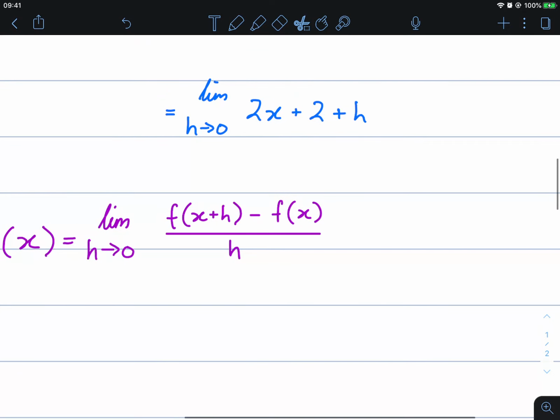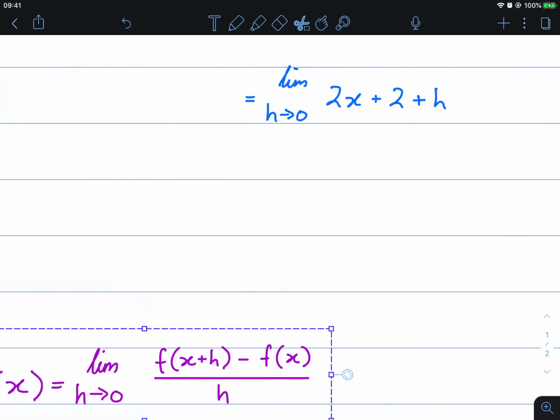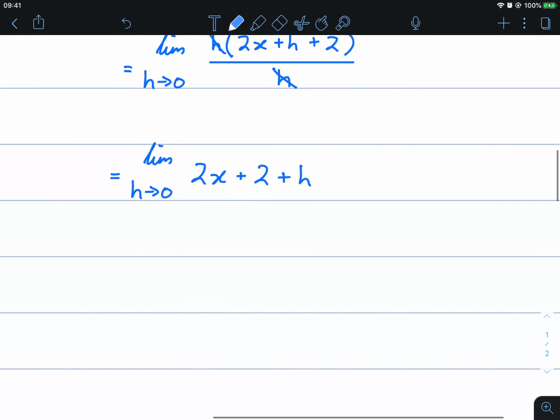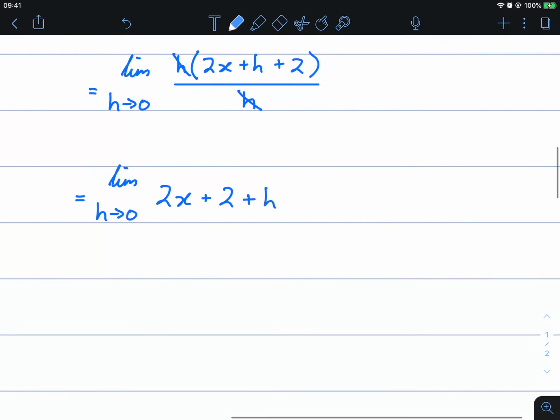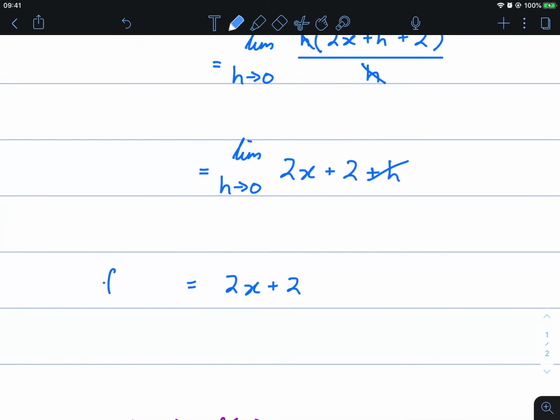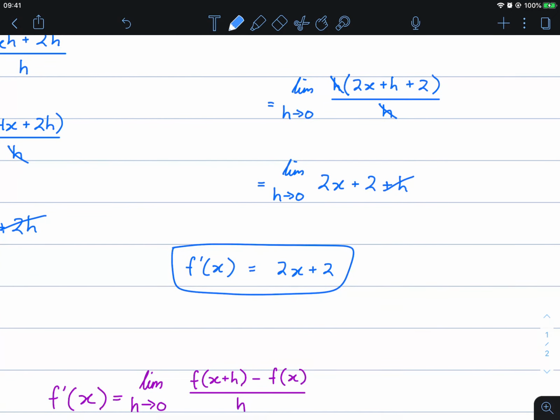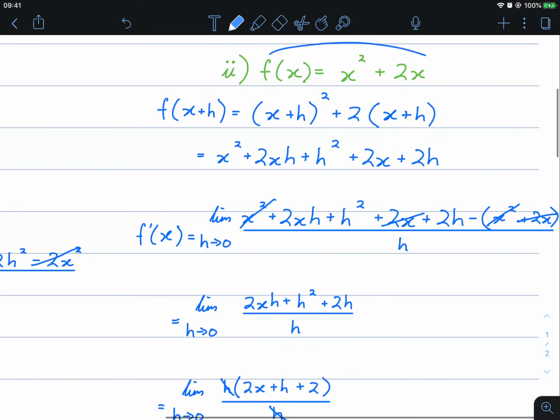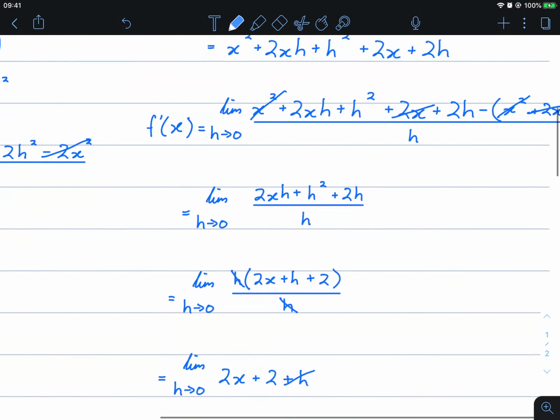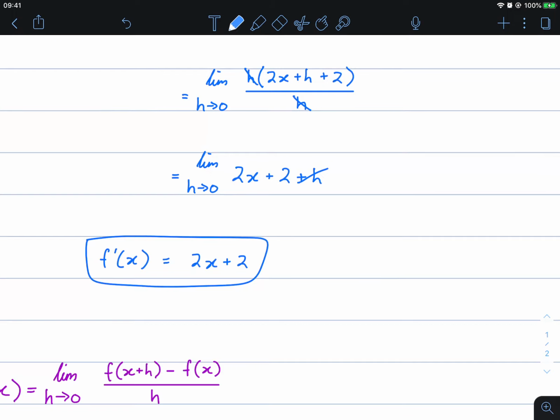And now lastly, we're going to apply the limit by substituting h equals 0. If we do that, this becomes 0, so that really just goes away. And we're left with 2x plus 2. So the derivative, f prime of x, is 2x plus 2. To clarify, the derivative of this particular function is 2x plus 2.